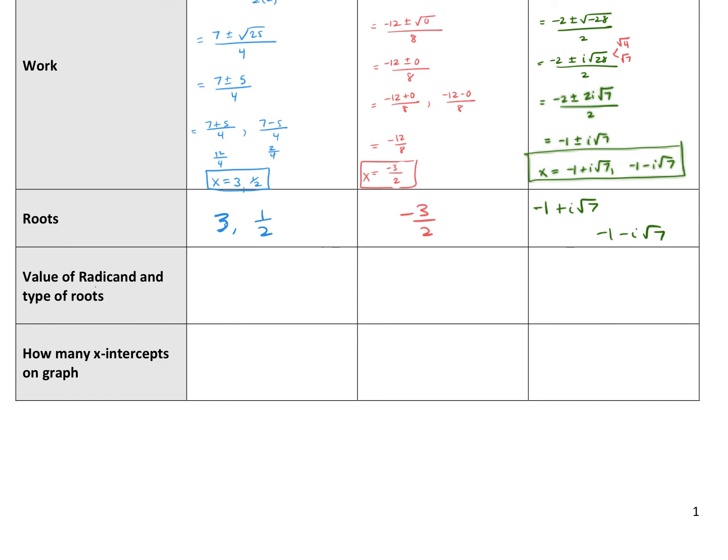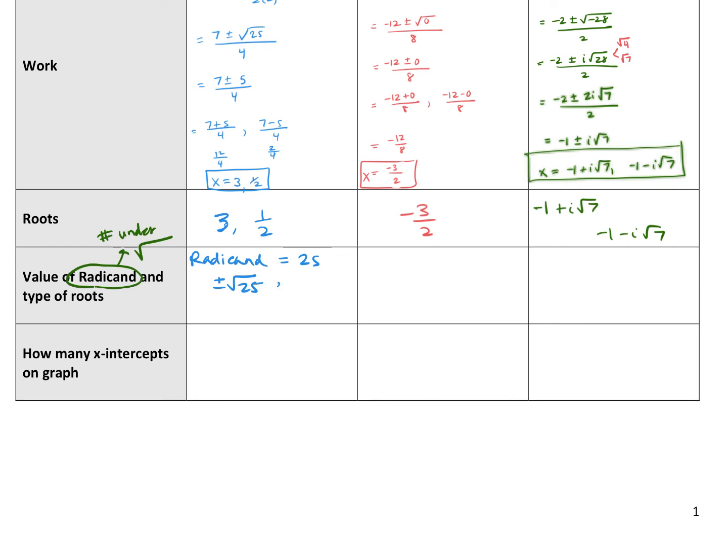The value of the radicand and type of roots. So radicand, I mentioned in an earlier video, that's the number under the square root. So in our first example, the radicand was equal to 25. And we had plus or minus square root of 25.